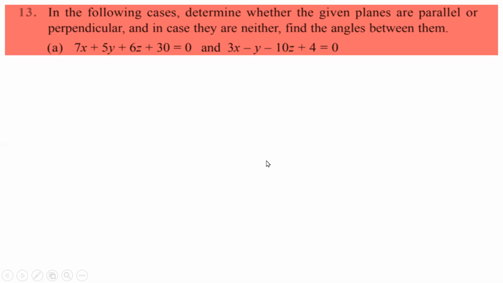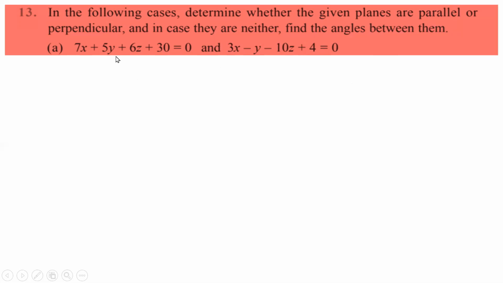Look at question number 13. There are 5 parts, A, B, C, D and E, under question number 13. Here you need to check whether they are parallel or perpendicular, and if they are neither perpendicular nor parallel, then you need to find the angle between them.